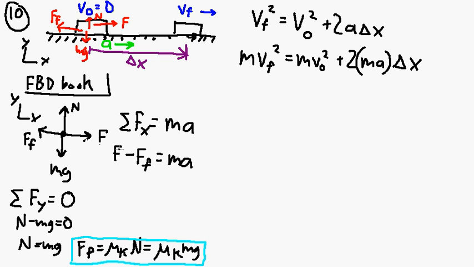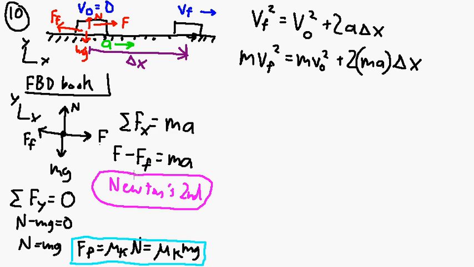So the net force in the x direction is positive F, negative friction force, and the sum of forces in the x direction equals ma. This is just Newton's second law. That's where this comes from.